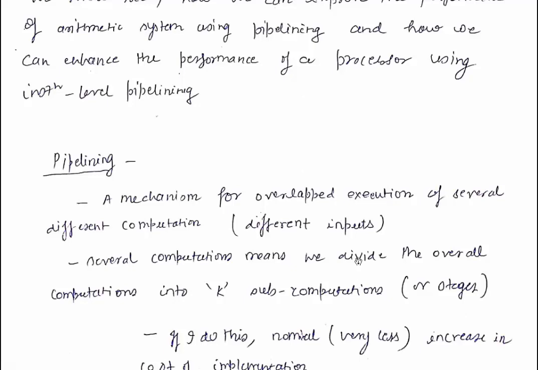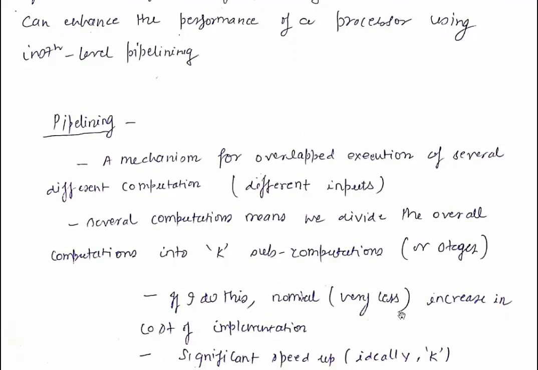Inside pipelining, we divide the overall computation into k sub-computations or stages. If we do that, then ideally we should be getting a speedup of k. There is a nominal increase in the cost of computation or implementation, because we have divided the overall computation into sub-computations.